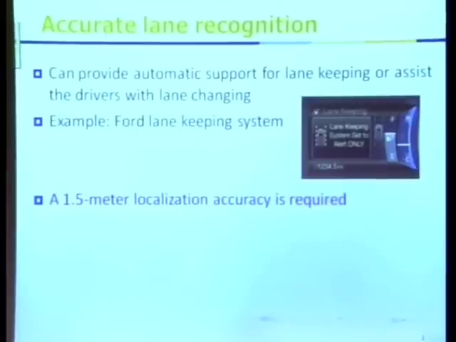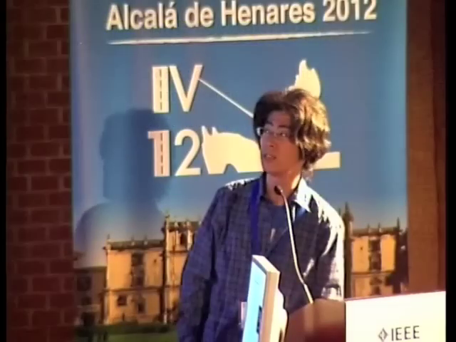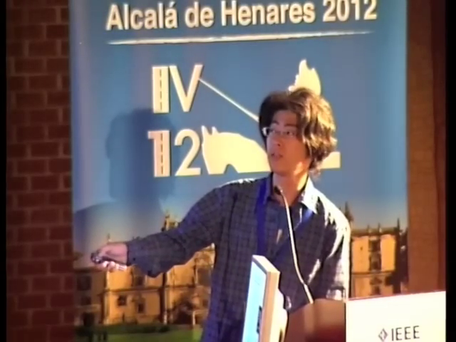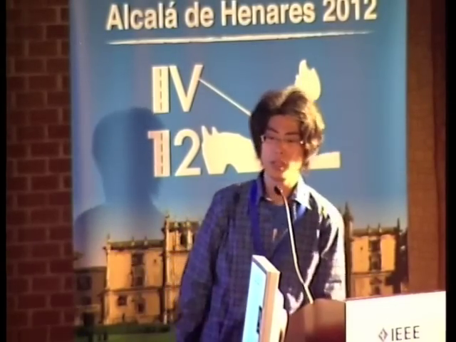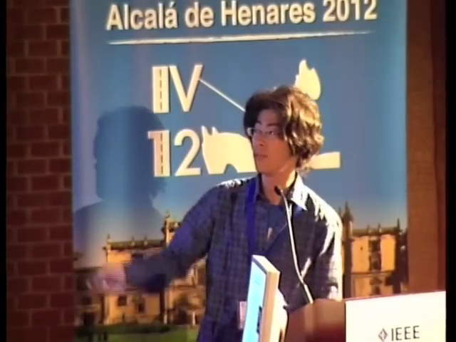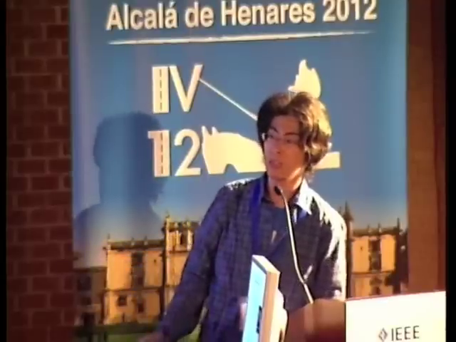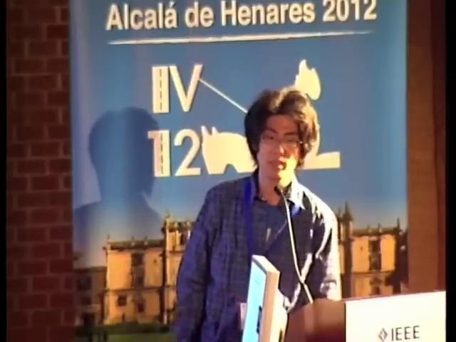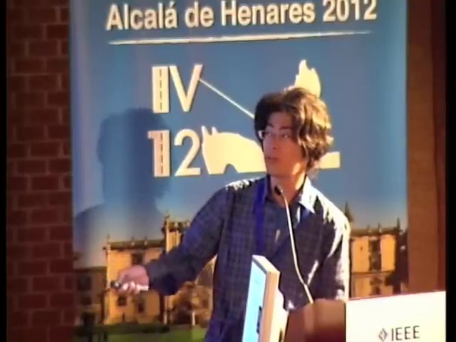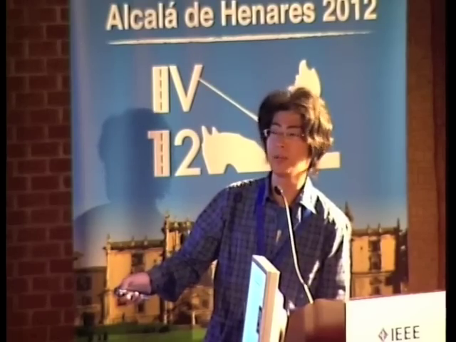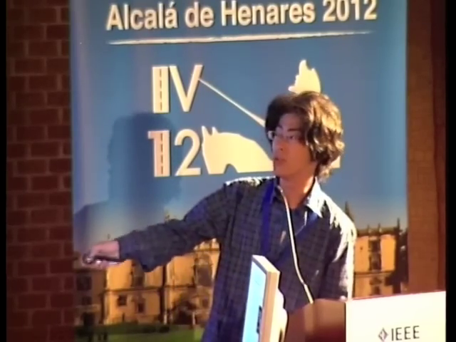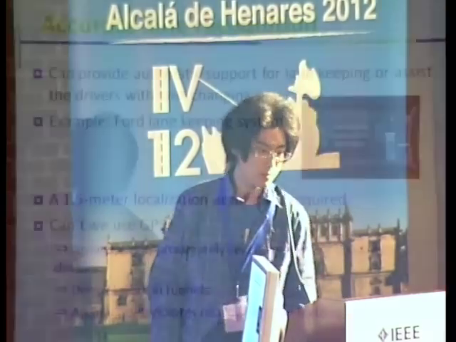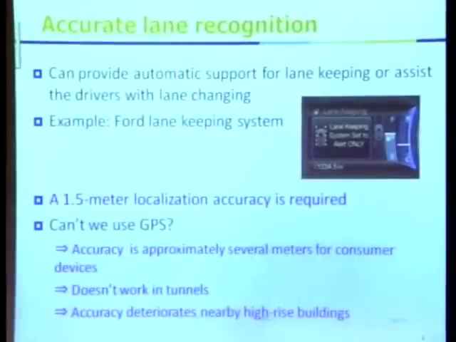First of all, we considered whether we can use GPS or not, and we concluded that the accuracy of GPS is not enough and has some problems and limitations in the usable places. So let me move on to the existing research that has already achieved higher accuracy.